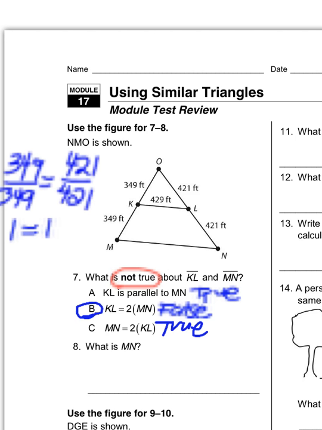For problem number 8, MN is equal to 2 times the size of KL, which equals 2 times 429, which equals 858.